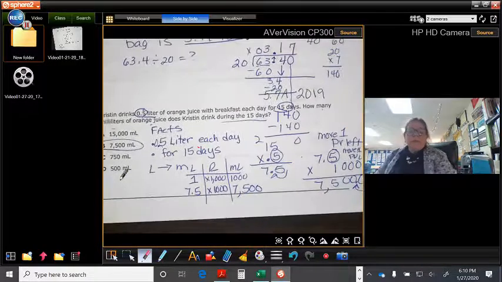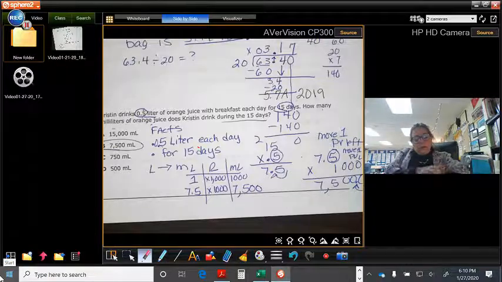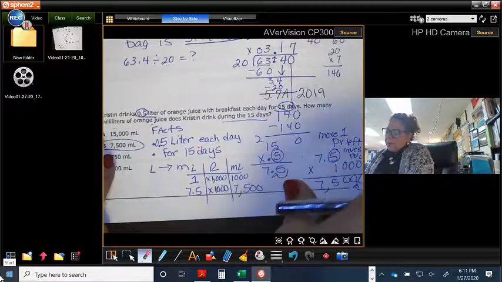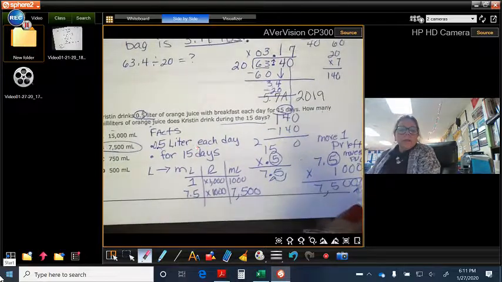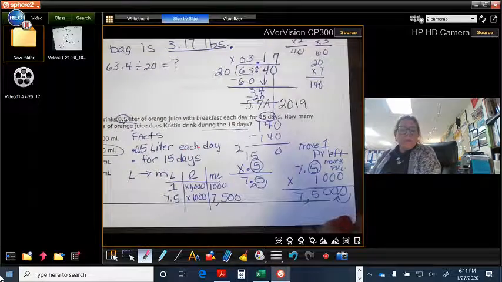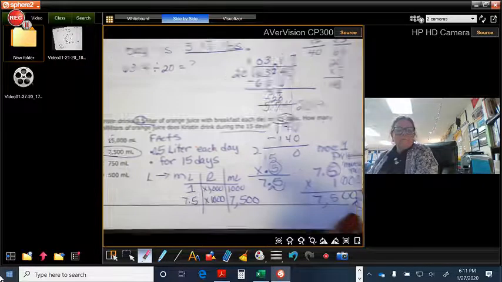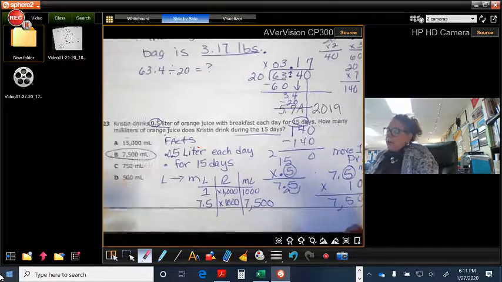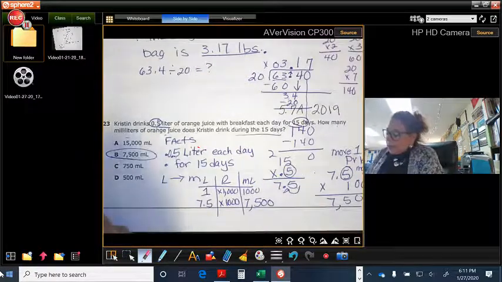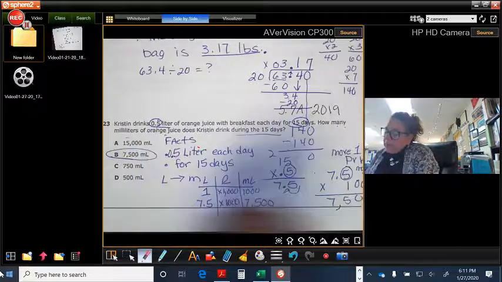Okay, so you see that? All right. Let me try to get a bigger picture and know what we just did. Again, I wrote down my facts. The only thing I didn't do is I needed to put my question, and it says how many milliliters.